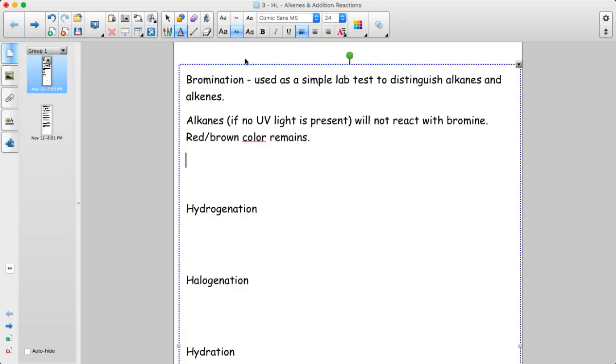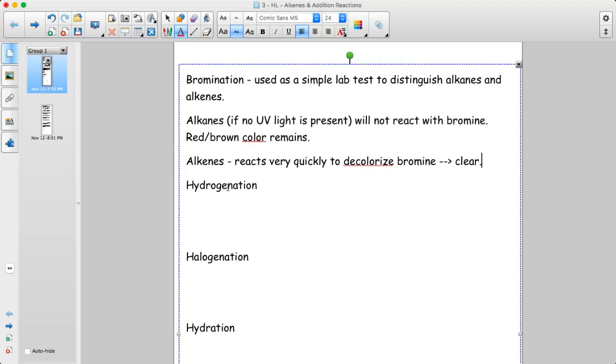If you have an alkene, the alkene reacts very quickly to decolorize bromine, and it goes clear. So it's not a super high-tech test. I'll show you it in the lab. You basically just add some bromine or some bromine water to these 2 different test tubes, and you shake them up, and if the color disappears, you know that there must be a carbon-to-carbon double bond present. If the color remains, that implies that there are no carbon-to-carbon double bonds because it doesn't react.